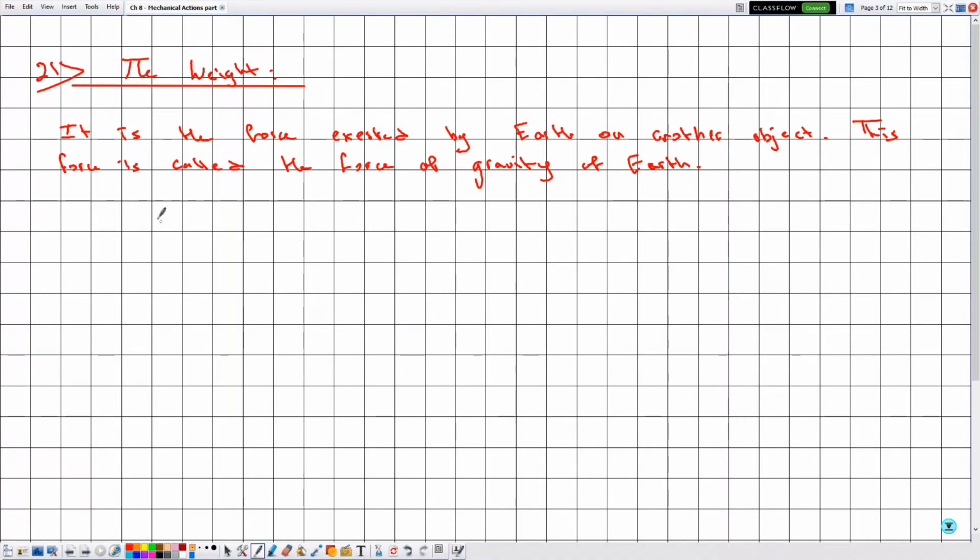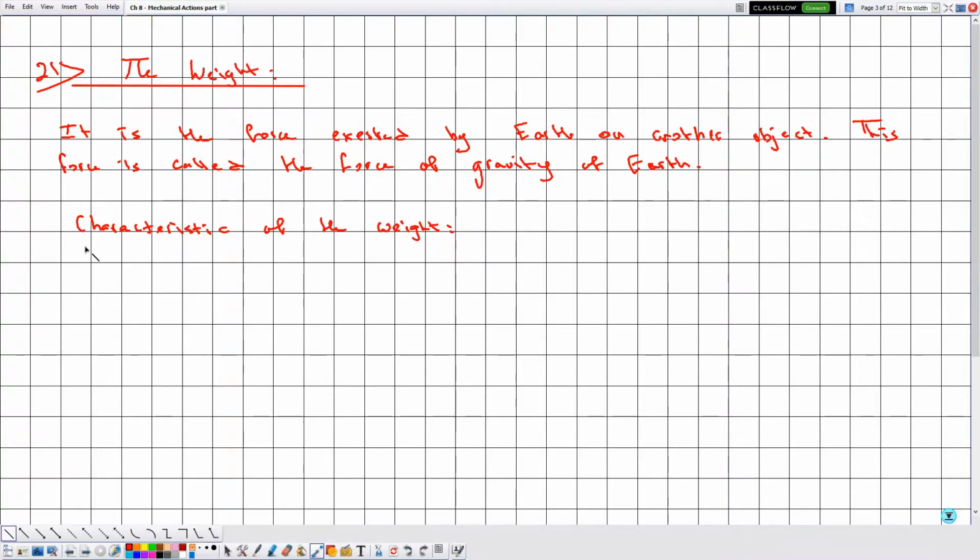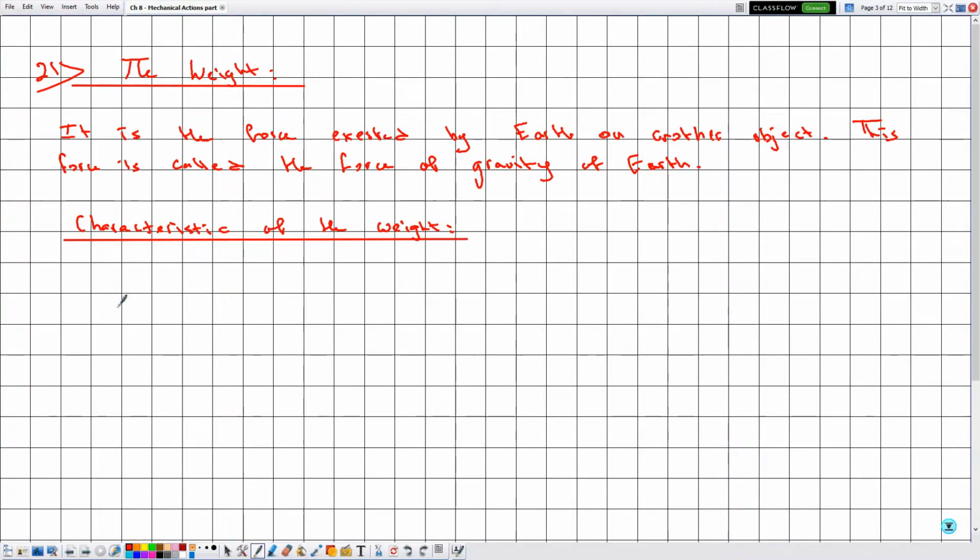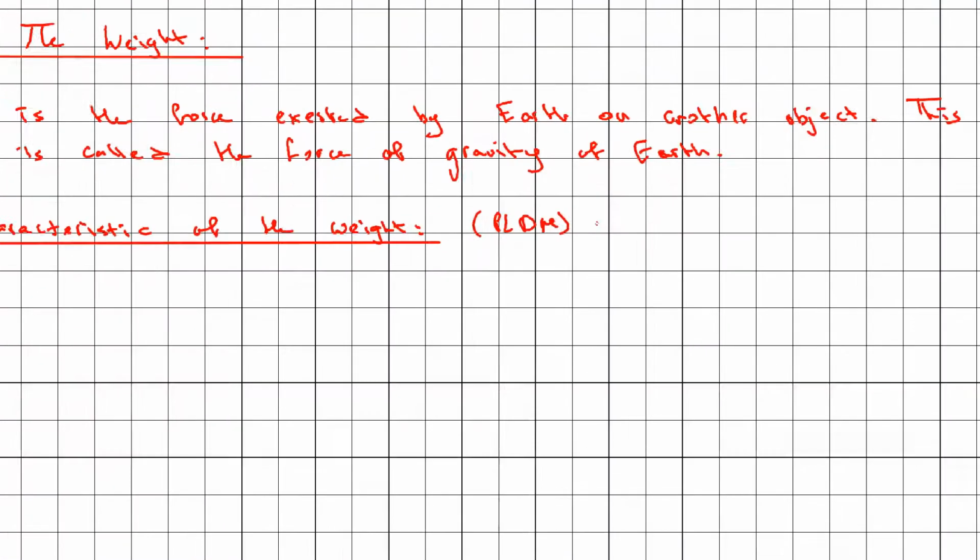Now let me refer to the mathematical one, which is given by the characteristics of the weight as a vector. Here we are discussing four properties, and they must be listed in this order.